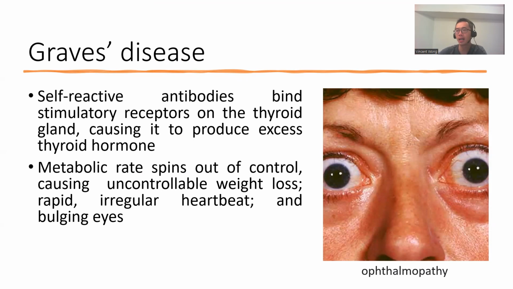Basically, your body creates these self-reactive, or auto-reactive, antibodies that get stuck to the thyroid. One of the things your thyroid gland does is it produces hormones that turn up your metabolism. So when these autoreactive antibodies are stuck to your thyroid gland, the thyroid gland is always switched on.